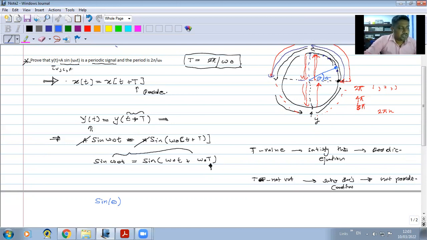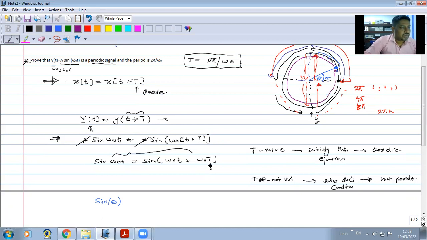So you can see that if this particle is going 1 round from here to here, I will use another color. This particle is going another one circle from here to here like this.